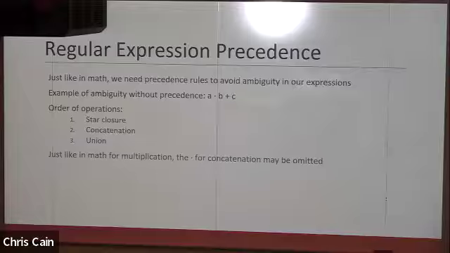And just like in math, the star for concatenation is sometimes omitted and parentheses override the order of operations. So if you want to do a union before a star closure, you need parentheses. So yeah, R1 R2 is the equivalent of R1 dot R2.